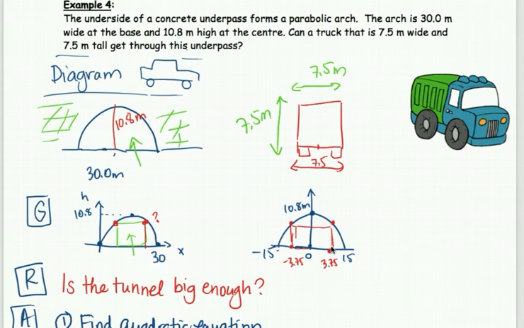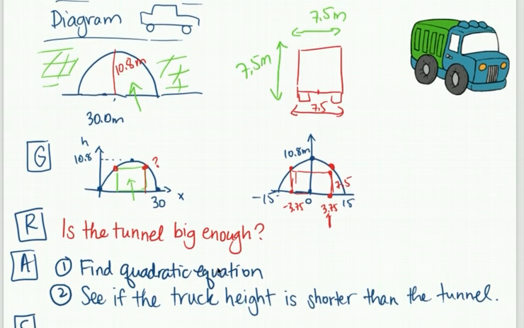Okay, so we know that this part here is 7.5 meters high. So we need to figure out at that point 3.75 on the parabola, is it higher than that corner of the truck? Okay, that's what we need to figure out. But we can do all of this once we get the equation. So let's do that, and then we'll come back and look at this picture again.